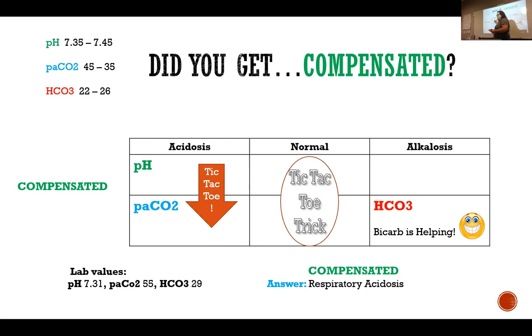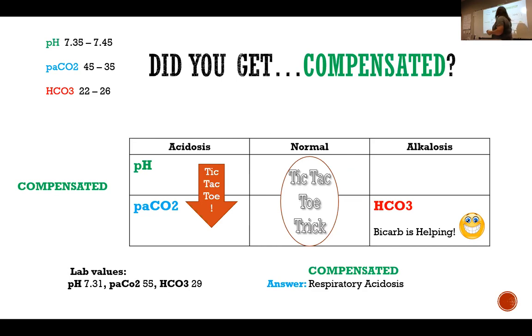The pH tells us if it's acidotic or if it's alkalotic. We got to have 2 to match. That's how we know it's respiratory, right? And then bicarb's outside of normal too, so we know it's trying to help. So that's compensated respiratory acidosis. Yes, not there yet.